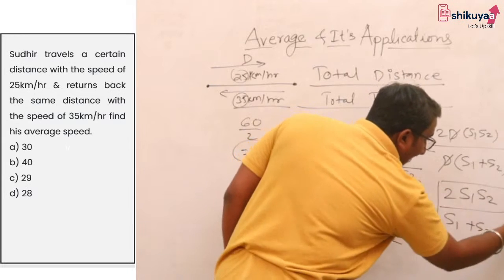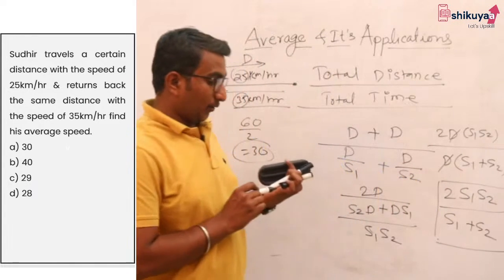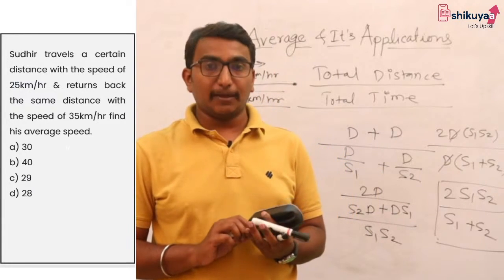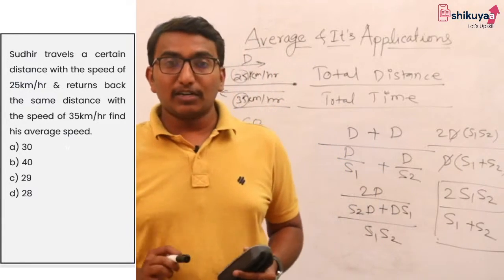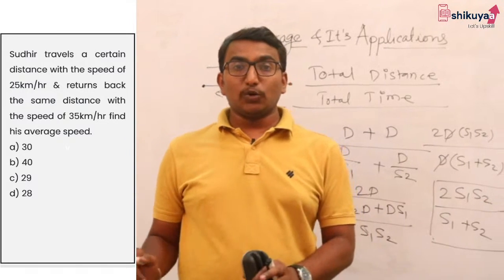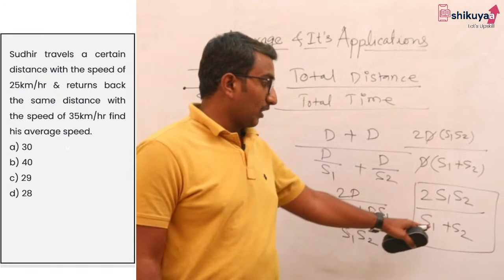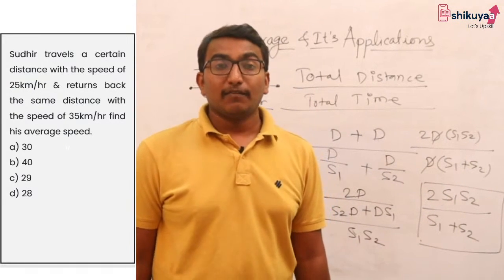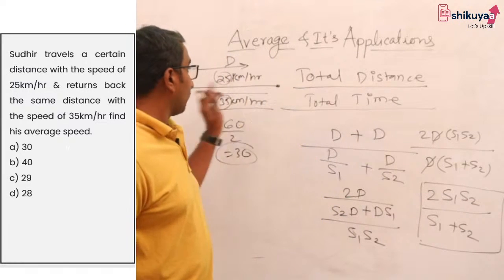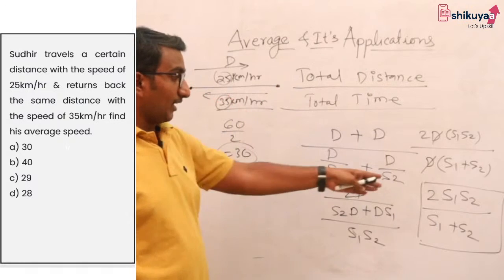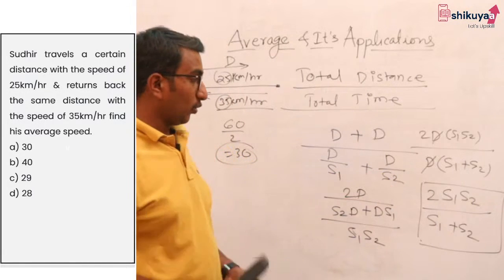Now this is the actual exact formula to calculate average speed whenever the distance traveled is the same. Mark my words very carefully: 2 into s1 into s2 upon s1 plus s2 is the formula to use whenever the distance traveled is the same. He has traveled the same distance and returned the same distance. That is why in such cases we use this formula.